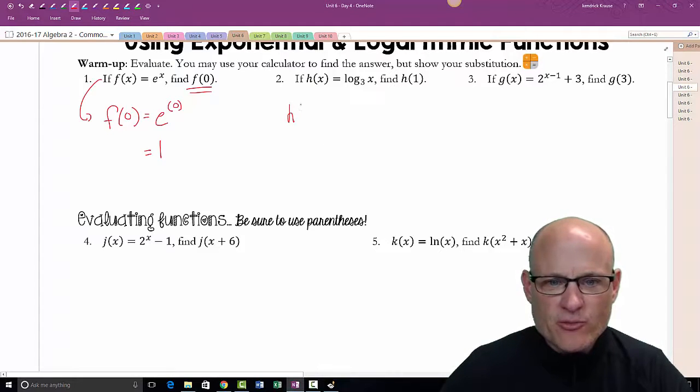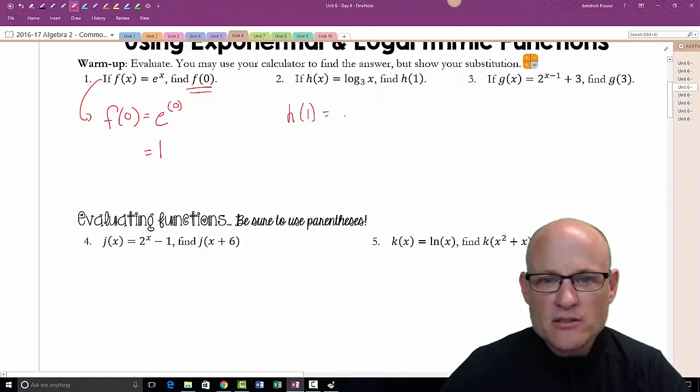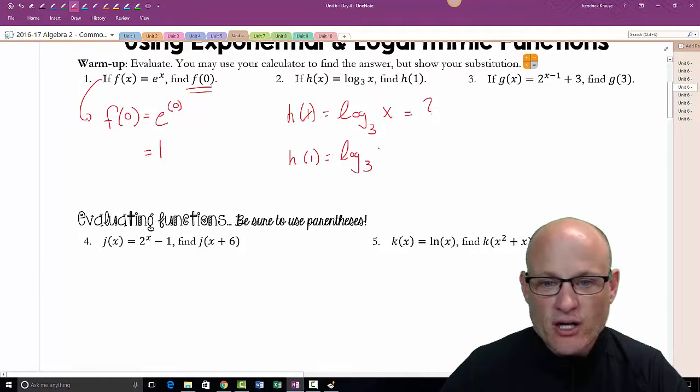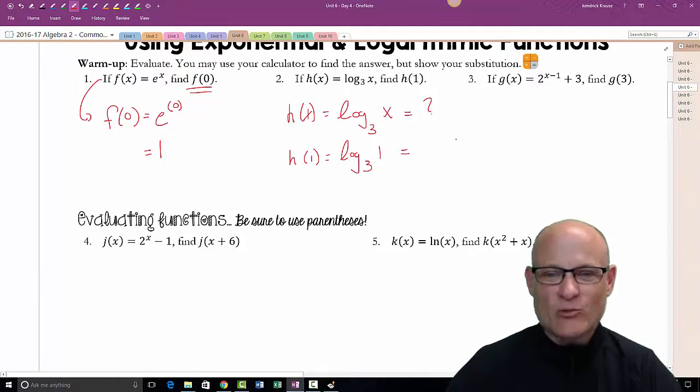So we're going to do this one. h of x equals log base 3 of x. We don't know, so we're going to plug in 1 for x. So h of 1 is equal to the log base 3 of 1. What does that equal?